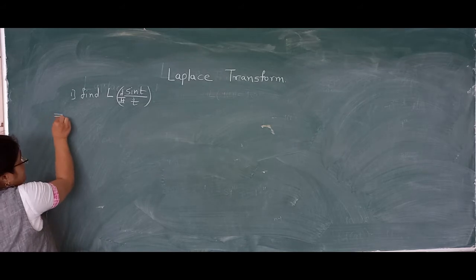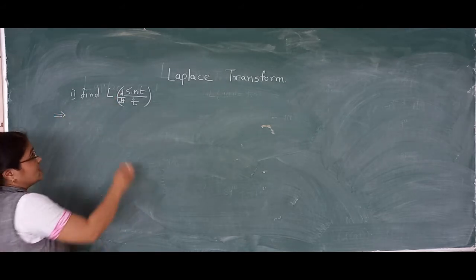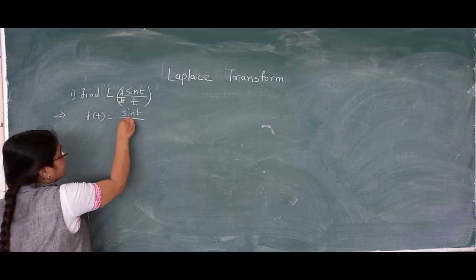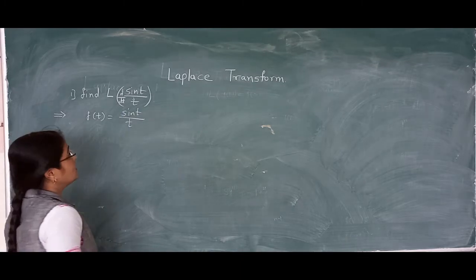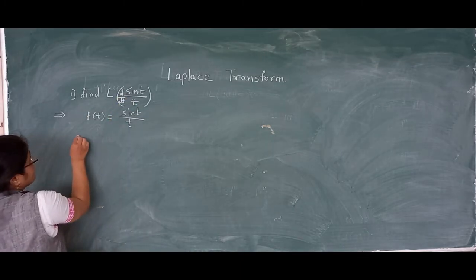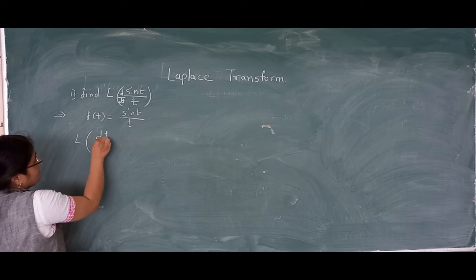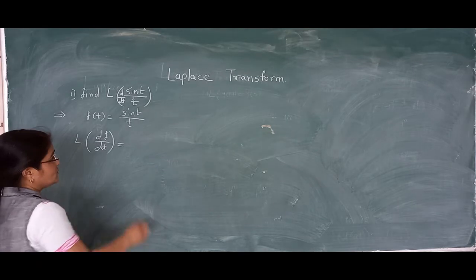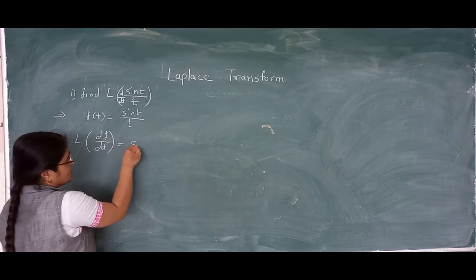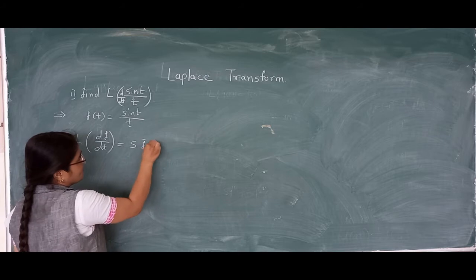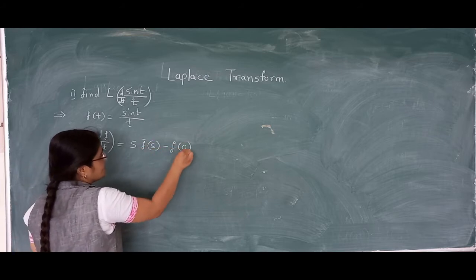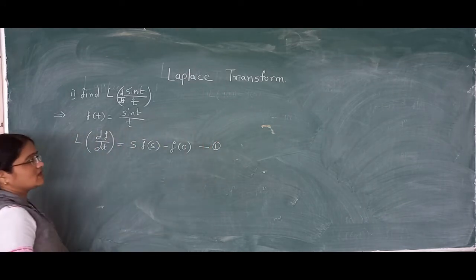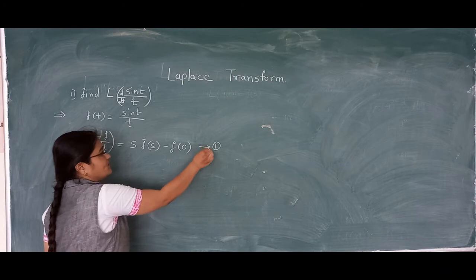But since the first order derivative is there, here f of t is sin t upon t. Then the first order derivative is there, therefore it is Laplace of df upon dt. So Laplace of the first order derivative is s into f bar of s minus f of 0, equation number 1, using Laplace of derivative.